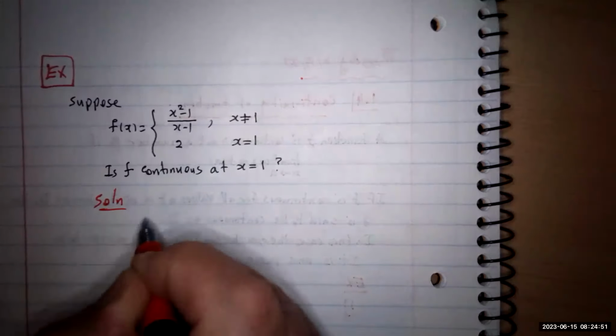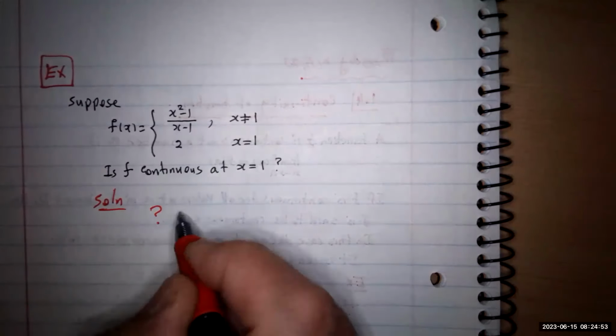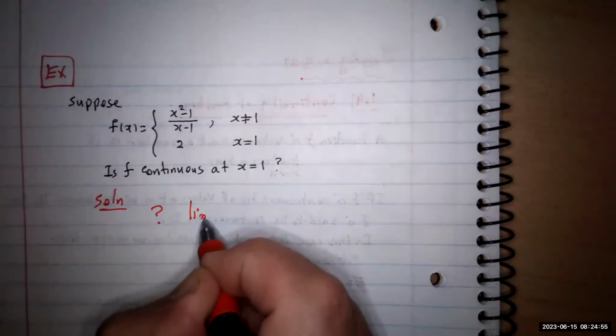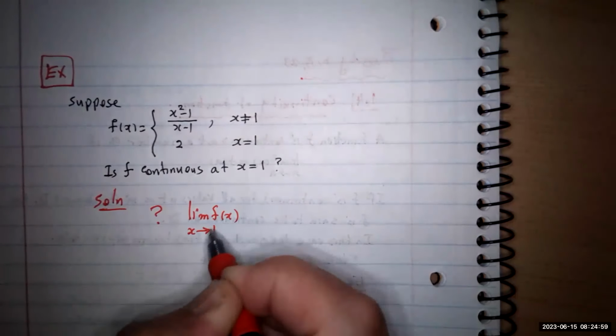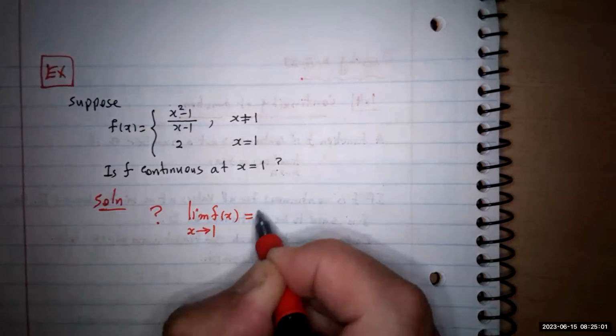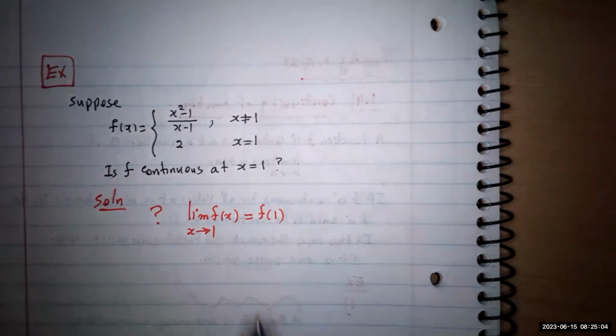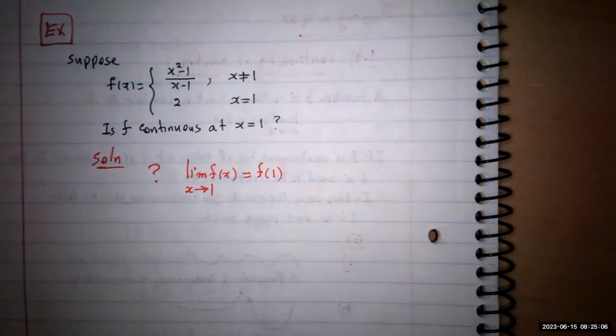If both of them happen to be equal to each other, the answer is yes. Otherwise, the answer is no. So for the solution, you have to answer this: is the limit of f of x when x goes to 1 equal to f of 1? That's the question.